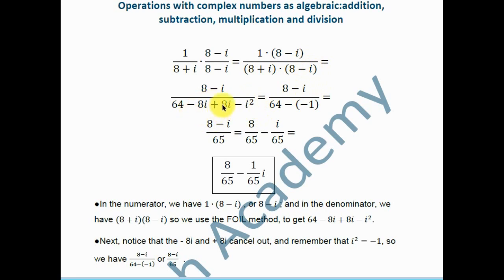Minus 8i plus 8i cancel out. i squared is minus 1. So the result is 8 minus i over 65. That is 8 over 65 minus i over 65.